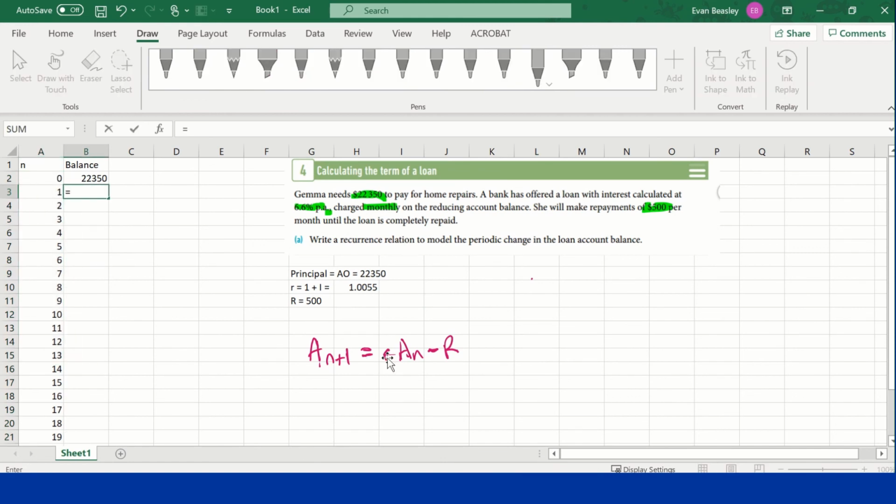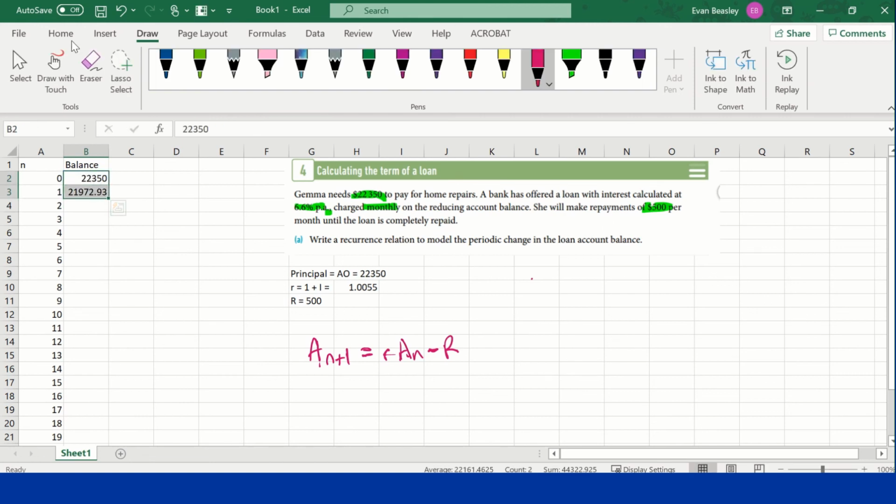Our growth rate is 1.0055, and I'll type that in since I don't plan on changing it. It's multiplied by the previous balance, and I need to use an asterisk to multiply and put it all in brackets because I'm working in Excel. Then I take away the repayment of $500.